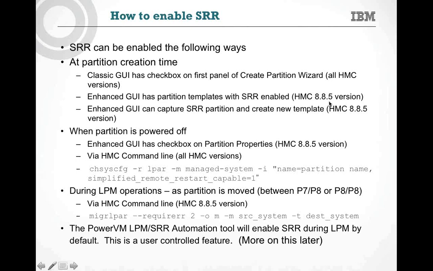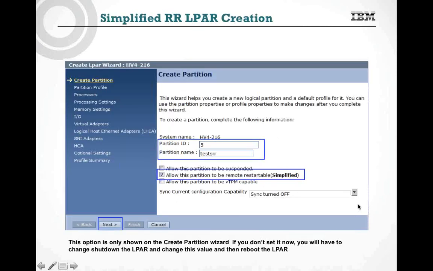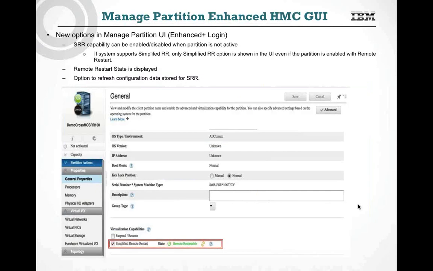There are several other questions there that we can cover when you're done here; some of them you're answering as you go along, but those were kind of basic, and I wanted everybody to have an understanding of them. Yes, you're right. Enterprise Edition, and if a partition's LPM capable, it can be made SRR capable.